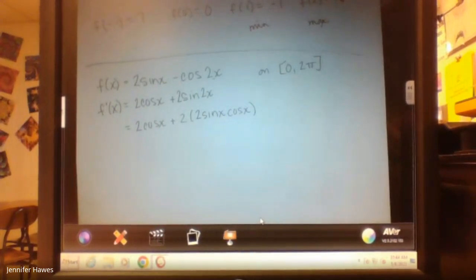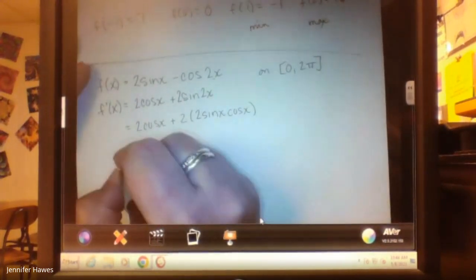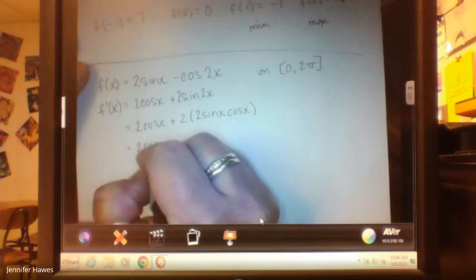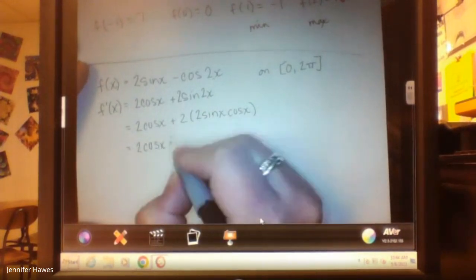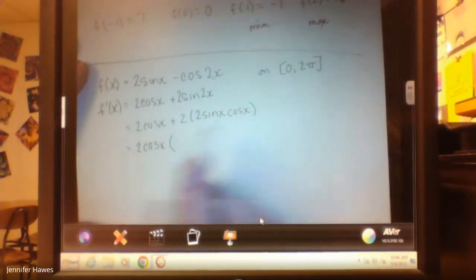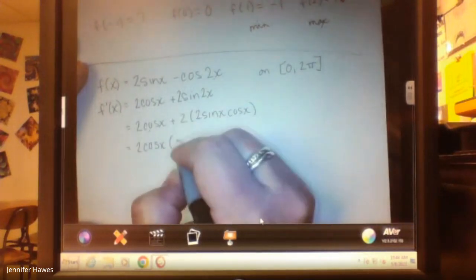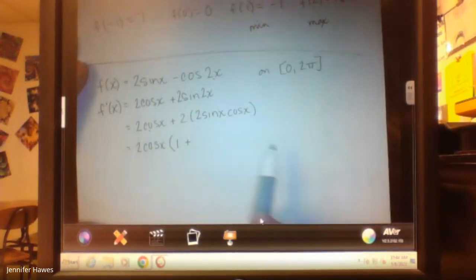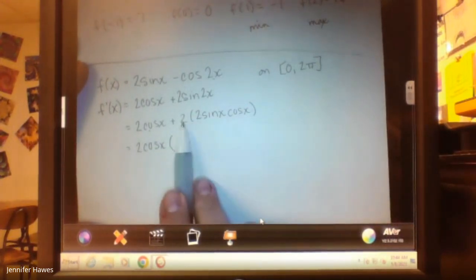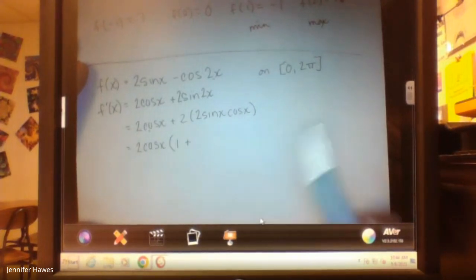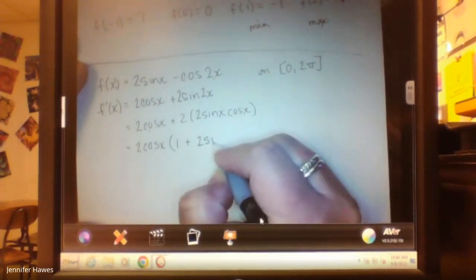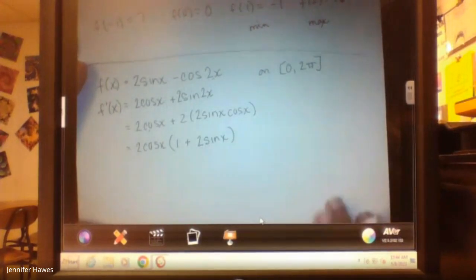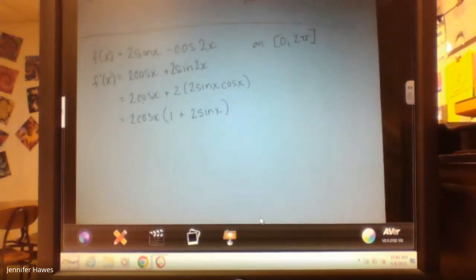There's a 2 and a cos. So I'm going to take that out, and that leaves me with a 1 right there. If I take out a 2 cos, I'm left with 2 sine. We good there? Okay, good.